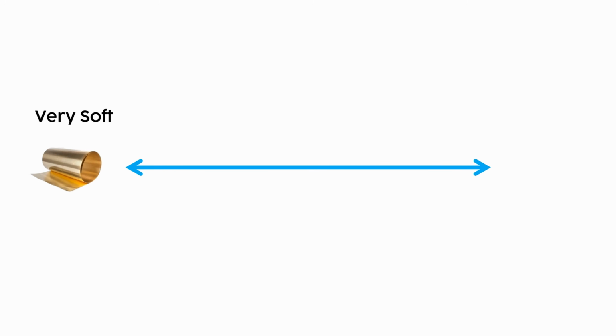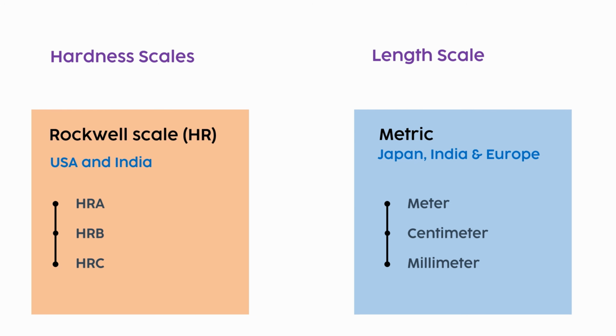Similarly, in material hardness, if we try to measure the whole range of hardness, from very soft to very hard, with a single instrument on a single scale, then the measurement accuracy will not be good. So Rockwell hardness HRB is used for the soft material range and HRC is used for the harder material range. I hope this is clear to you.